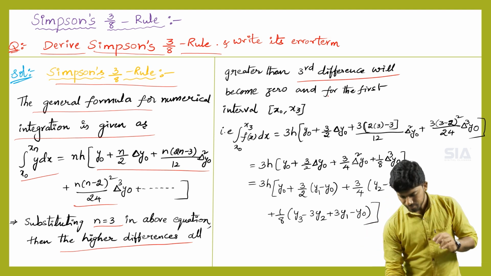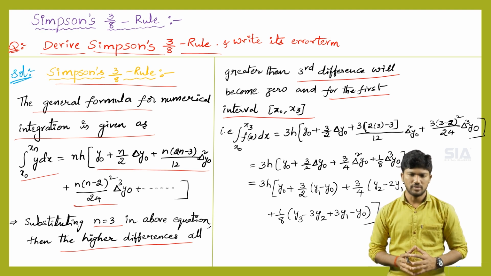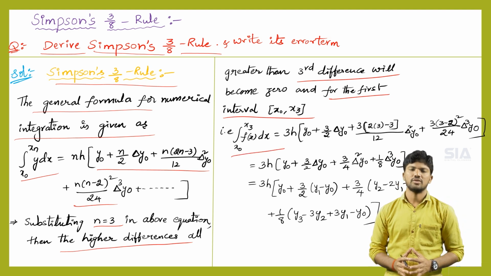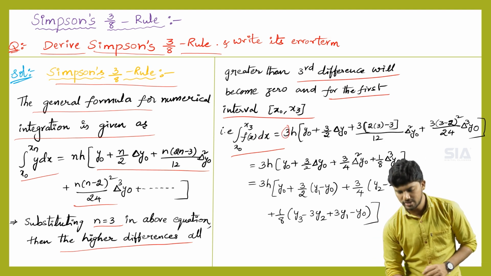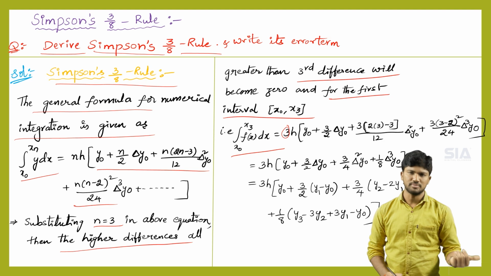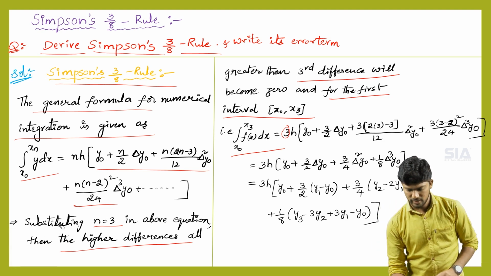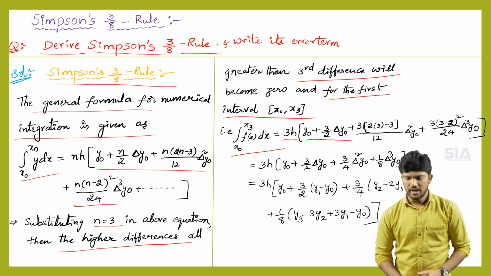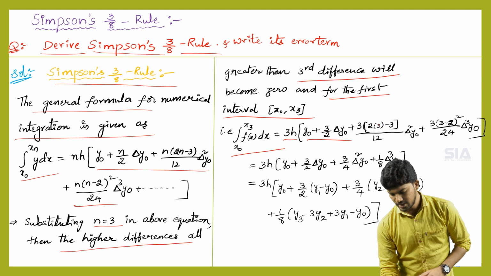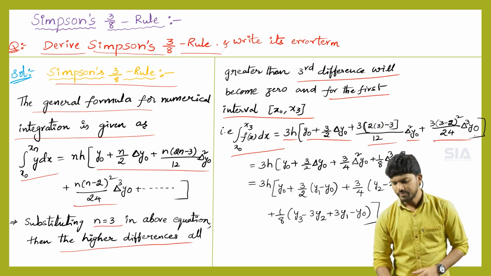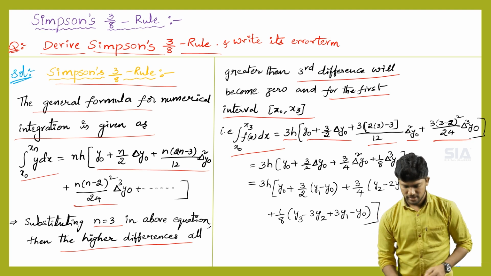After that, the fourth and fifth forward difference operators, which are the higher order operators, will become 0. So for the closed interval x0 to x3, integration over x0 to x3 of f of x dx is equal to, substituting n is equal to 3 in the general formula, 3h [y0 plus 3 by 2 delta y0 plus 3(2 into 3 minus 3) by 12 delta square y0 plus 3(3 minus 2) whole square by 24 delta cube y0].